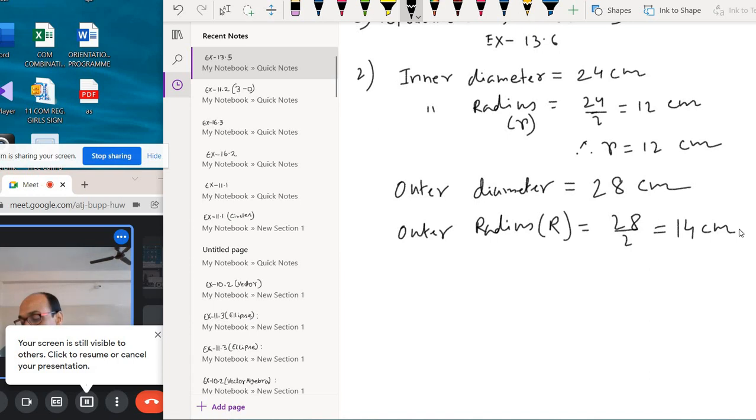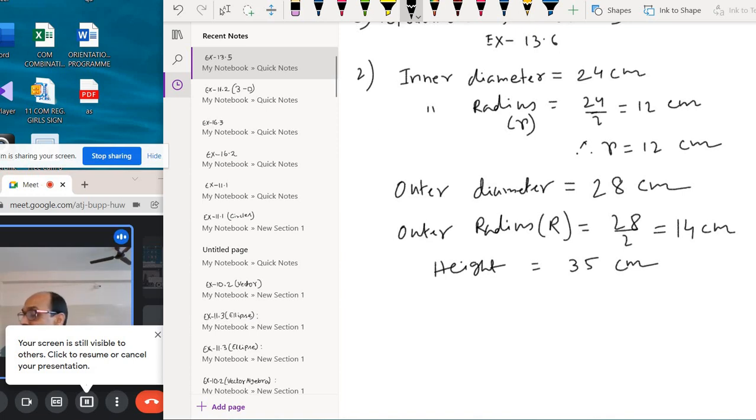Now the height is 35 centimeter, the length of the pipe. Find the mass of the pipe if 1 centimeter cube wood has a mass of 0.6 gram.